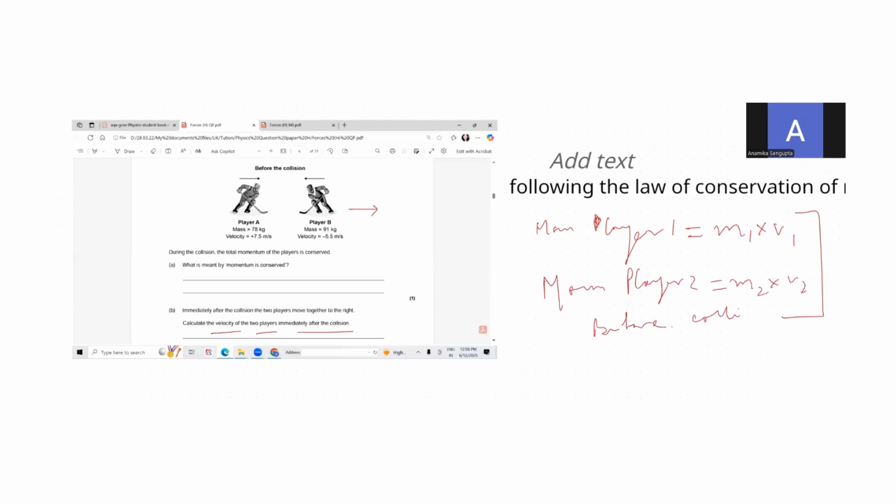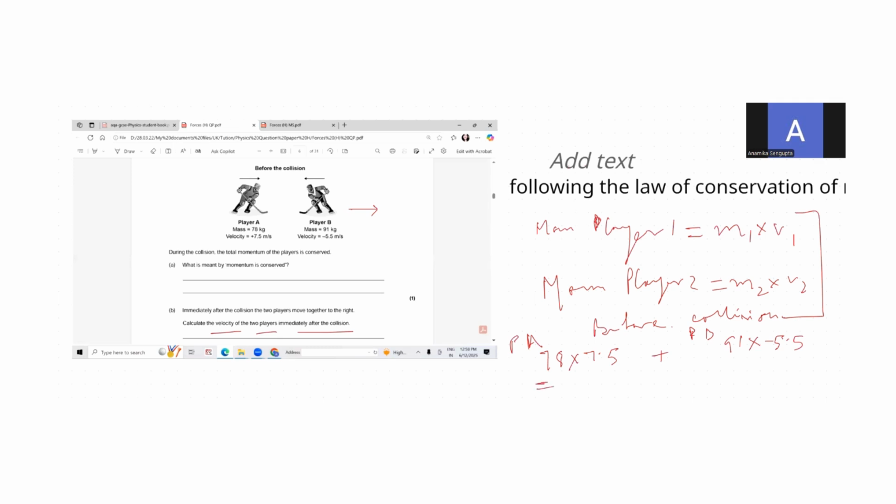So now we can calculate it. Set 78 multiplied by 7.5 for player 1, or maybe we can say player A as mentioned, and then for player B it will be 91 multiplied by minus 5.5. And then you need to add these.